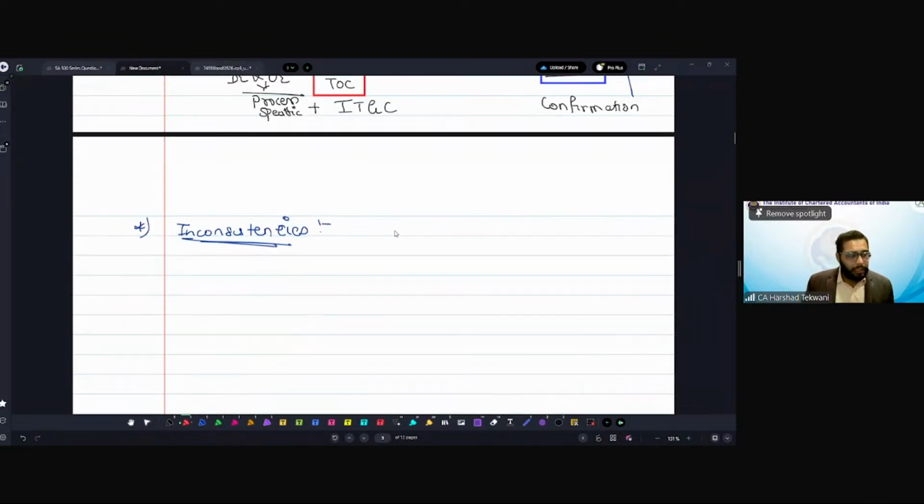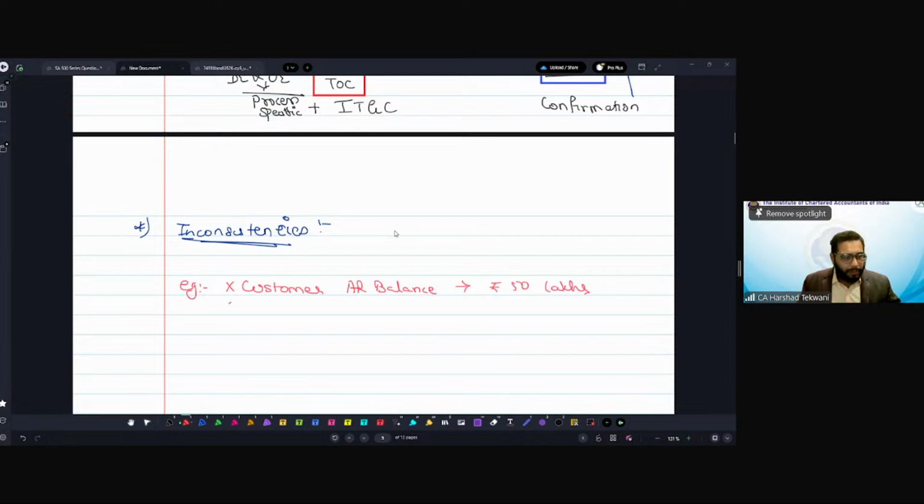I'll tell you in this example what I will do. Let's say I'll continue this example over here. So, customer X, your AR balance is rupees 50 lakhs.